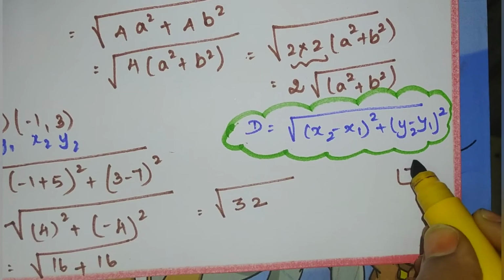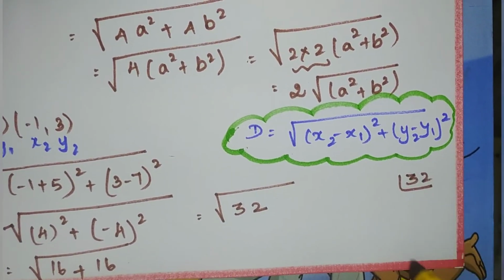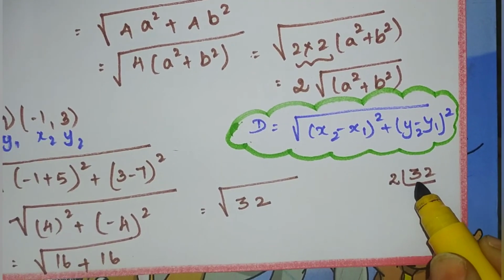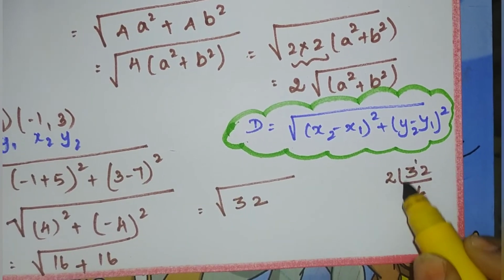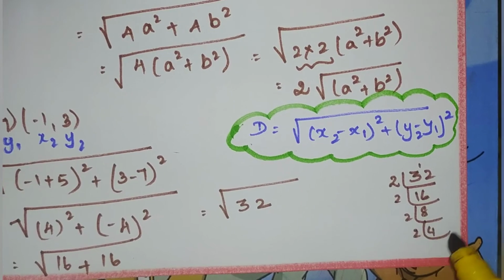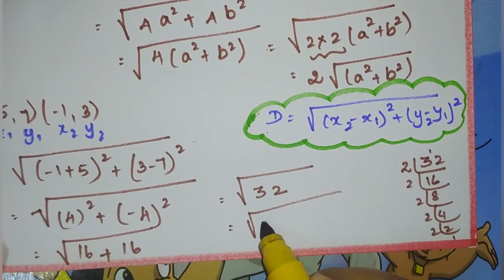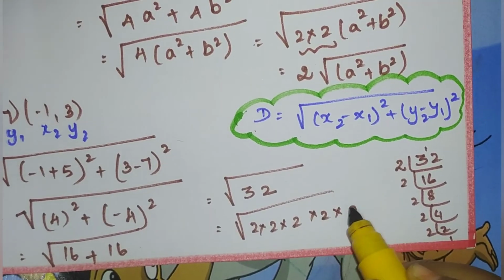Take the prime factorization method. We have to find the factors. 2, 8, 4. So how can we write 32? 2 into 2 into 2 into 2 into 2.